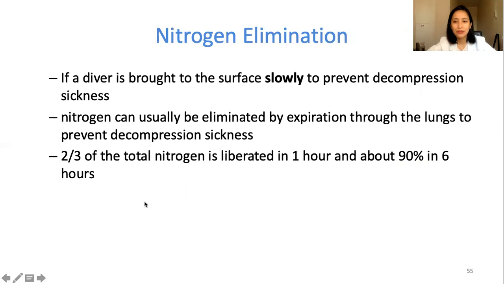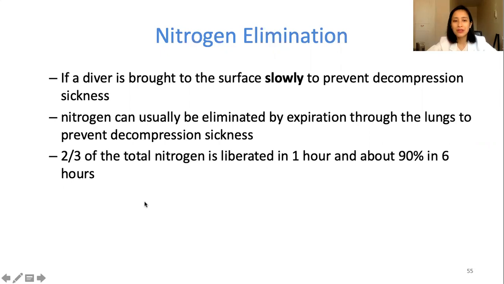So what to do? In decompression sickness, we try to eliminate the nitrogen from a gaseous state in the body. So if a diver is brought to the surface slowly, we're able to prevent decompression sickness. But if not, the nitrogen can usually be eliminated by expiration through the lungs.